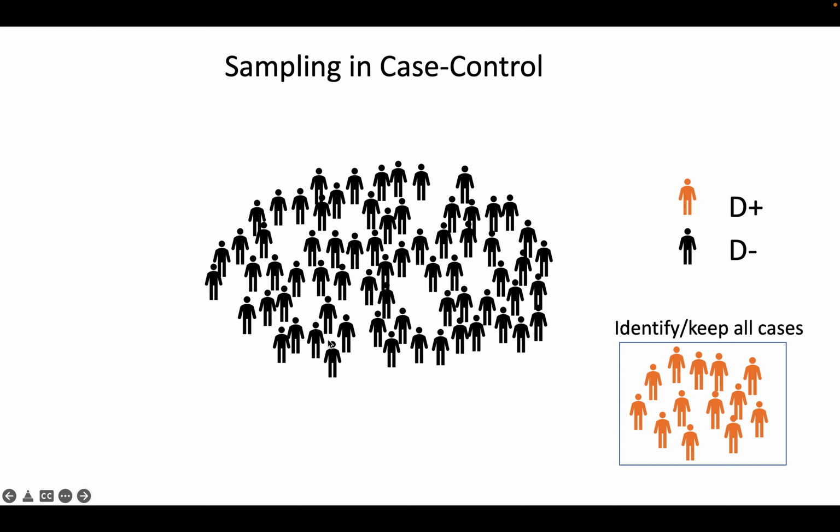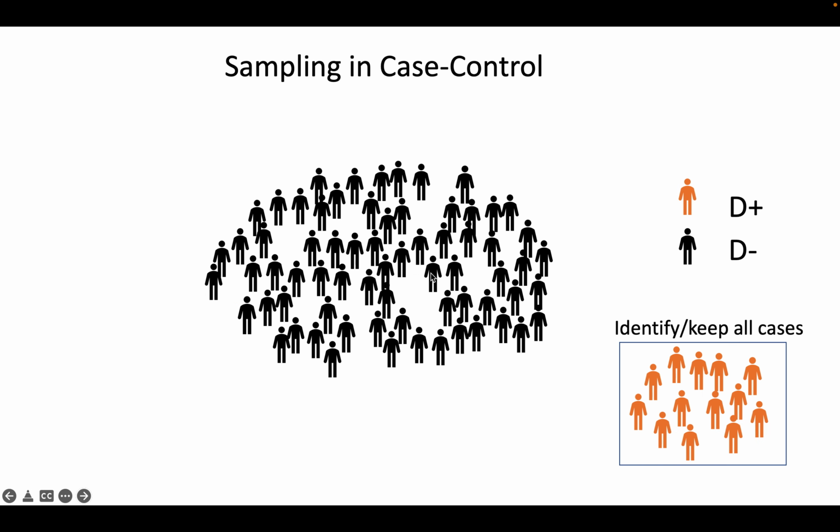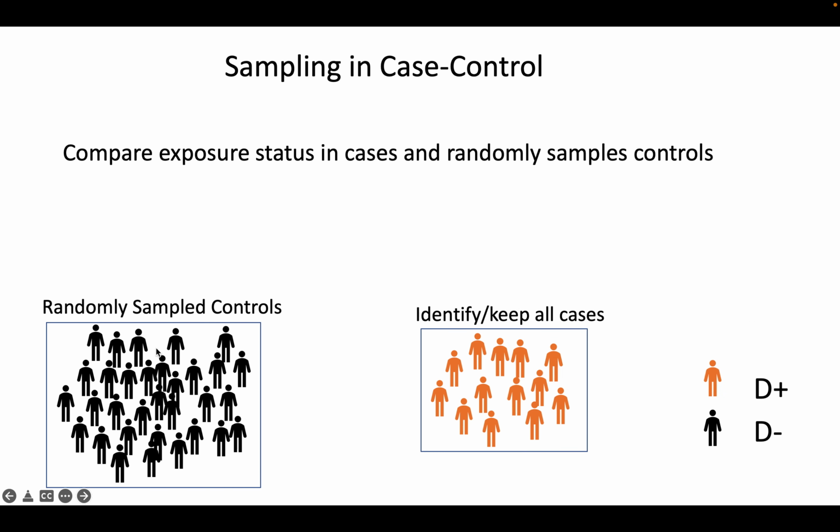For our comparison group, that is the main issue with case control studies: trying to pick a proper comparison control population. This is an example where we have a completely enumerated population that we drew our cases from, and we can just randomly sample controls. This is nice, where now we have our case group and our control group, and we're comparing the amount of exposure in both groups.